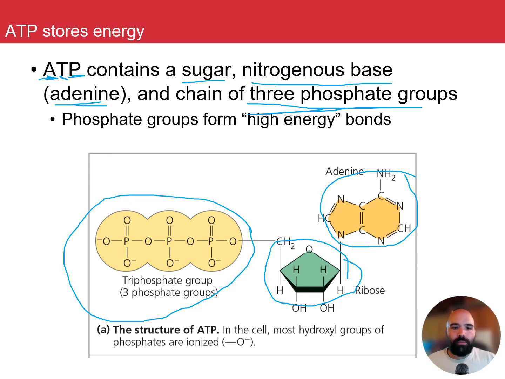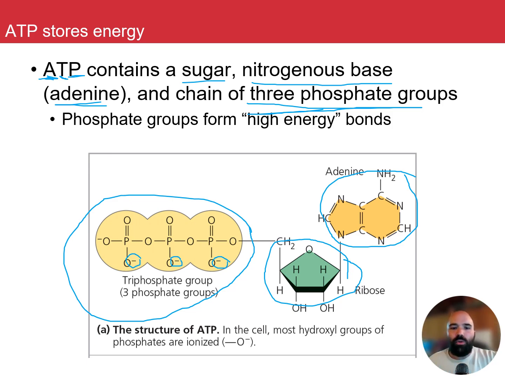Now, something you'll notice about these phosphate groups is they all have a negative charge. And yet, they are all bound together and therefore stuck really close to each other. These negative charges don't like to be stuck really close to each other.